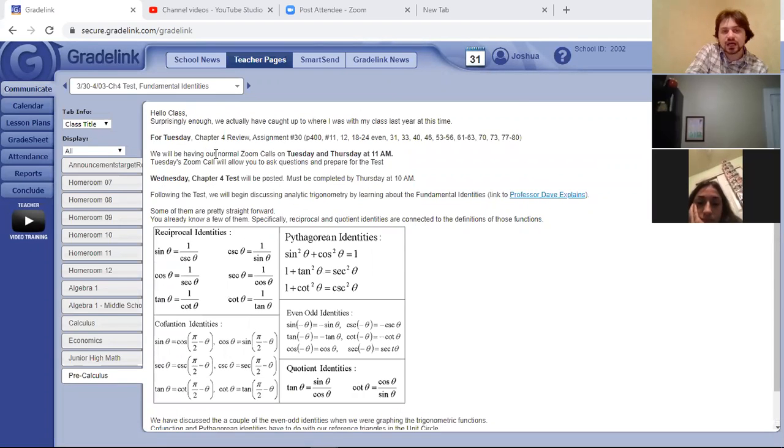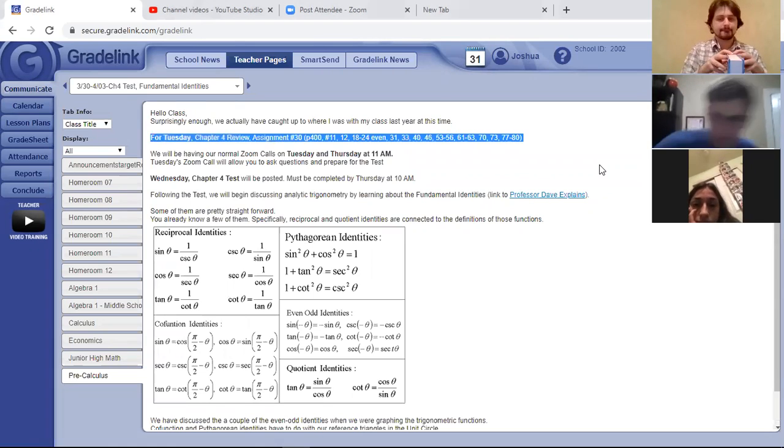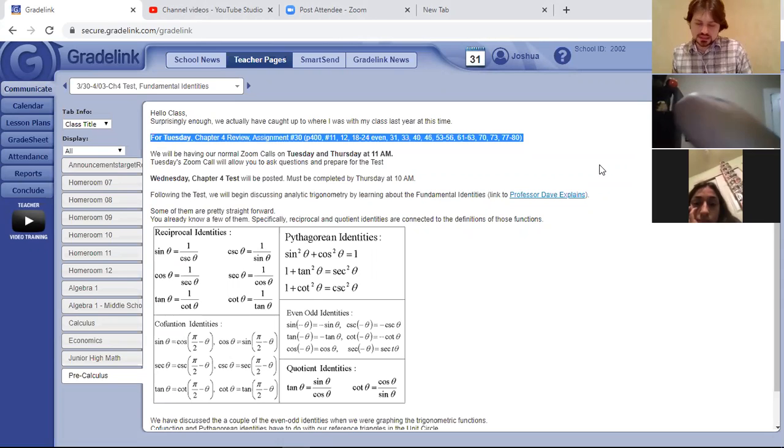But first, I wanted to go over if there's anything in the review assignment that you guys have done that confused you. I'll go over certain topics kind of quickly. I have the textbook right in front of me, actually. Since I have it here, we can go through a couple of the questions if you want.